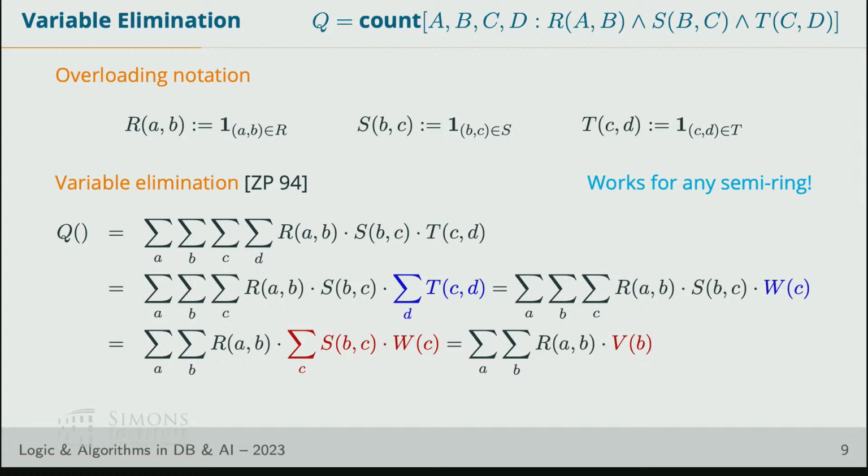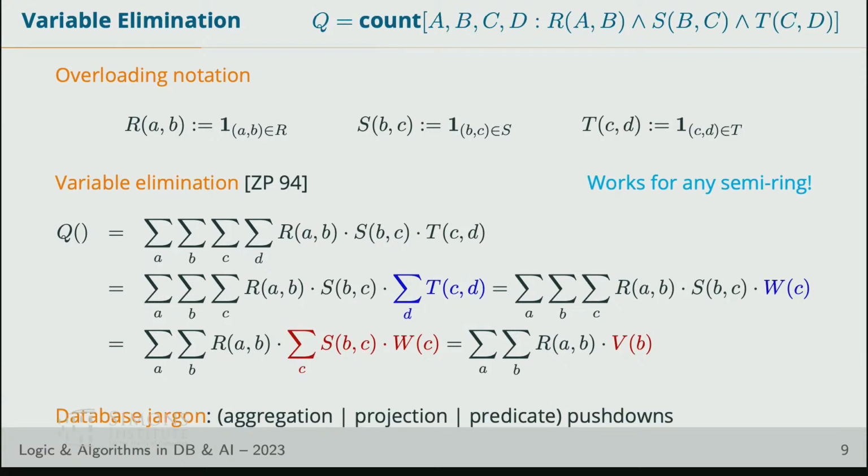If you had to actually program this, it would be exactly what a programmer would do, except that it's completely automatic. Now, in the database literature, if you read a database textbook, you will hear words like aggregation push down, projection push down, predicate push down. That's exactly this idea, applied to a different algebra. So that's the variable elimination algorithm.